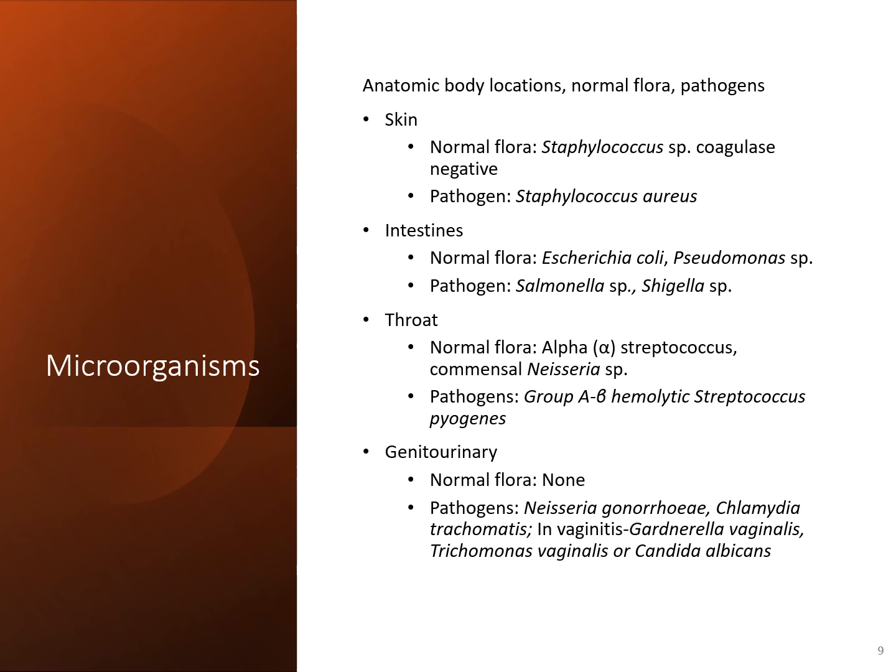But E. coli or Pseudomonas, which could be normal flora in the intestines, can also, because of the anatomy of the body, invade the urinary tract. And within the urinary tract, that would be a pathogen.